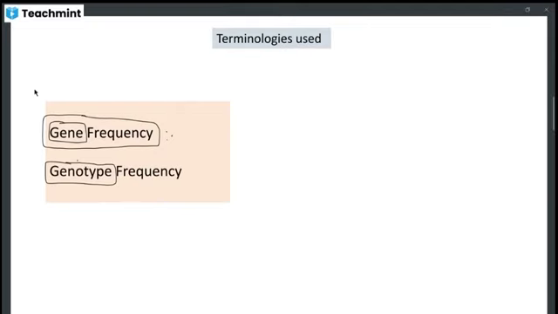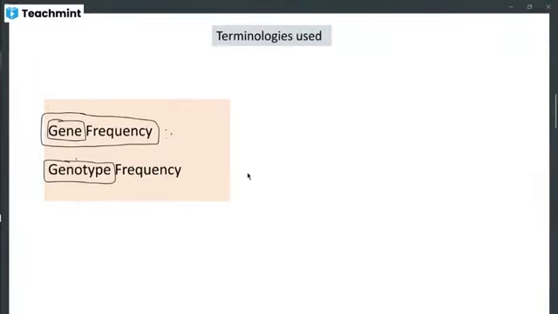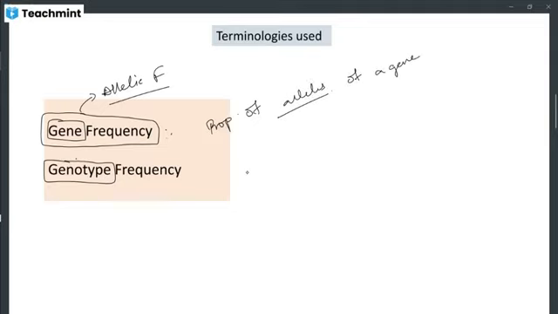Okay, the allelic frequency. Yes, it is also known as allelic frequency, but how do you define it? The proportion of those alleles in the population. Yes, the proportion of alleles of a gene, in which population?